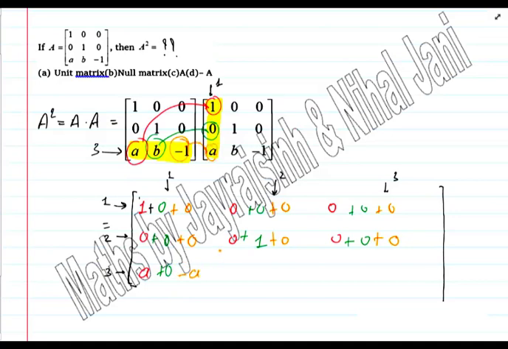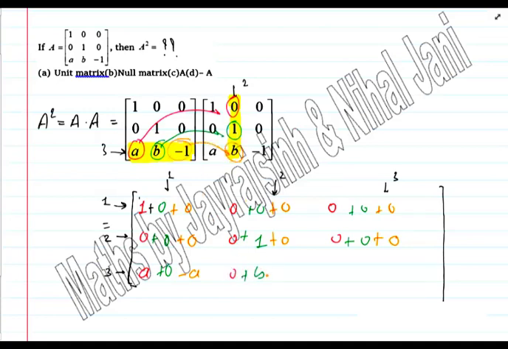Ta-da! Similarly, the next element can be found by selecting third row and second column and multiplying the corresponding terms. A zeros are 0, then plus B ones are B, and the last one minus 1 B is a minus B, right?